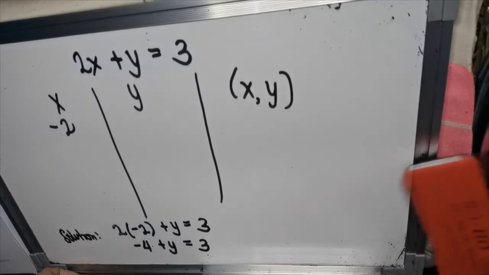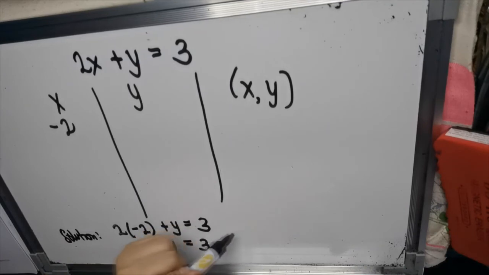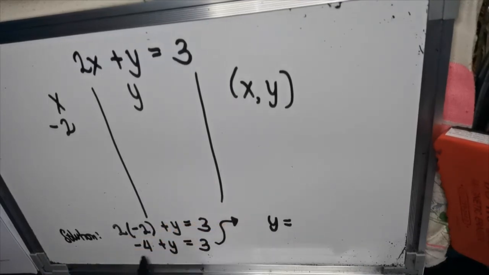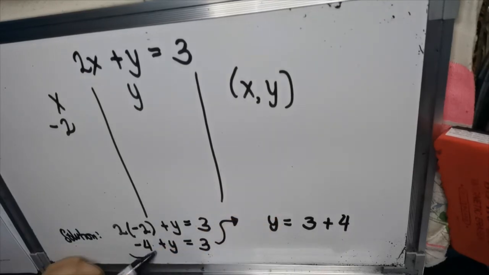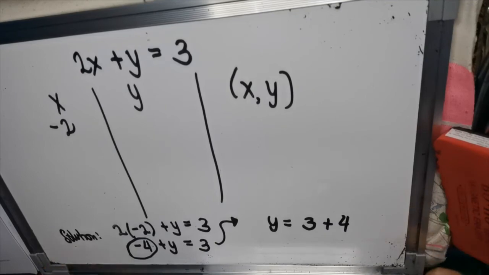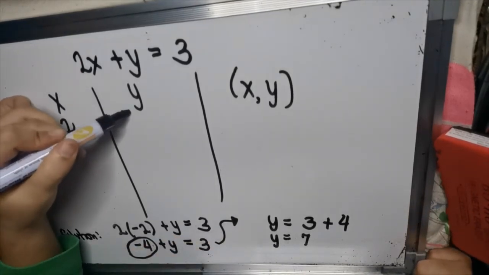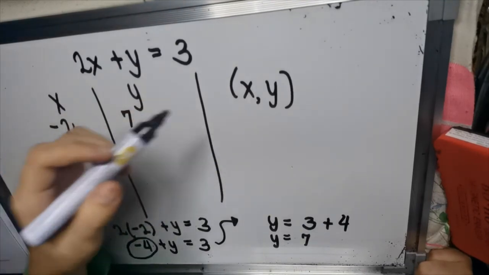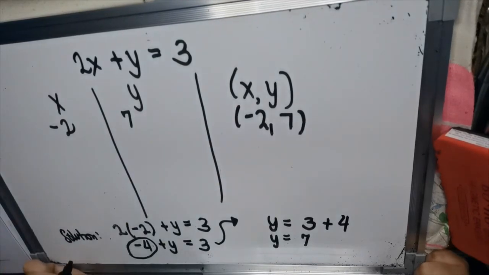Tapos, transpose lang natin. Negative 4 pag inilipat sa kabila will be positive 4. So, that will be 3 plus 4. So, y is 7. Therefore, the coordinates are negative 2, 7.